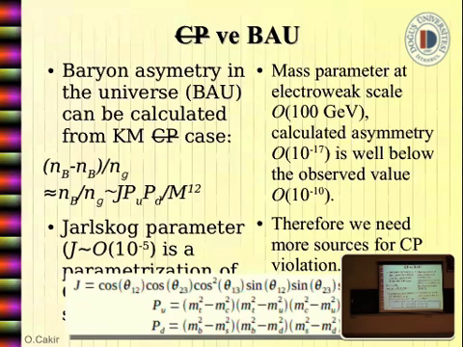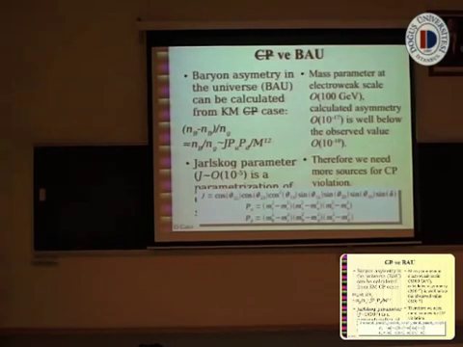Okay, there is also the baryon asymmetry in the universe, and it can be calculated with the assumption of only one parameter in the CKM. In this case, the order of the asymmetry is not matched.